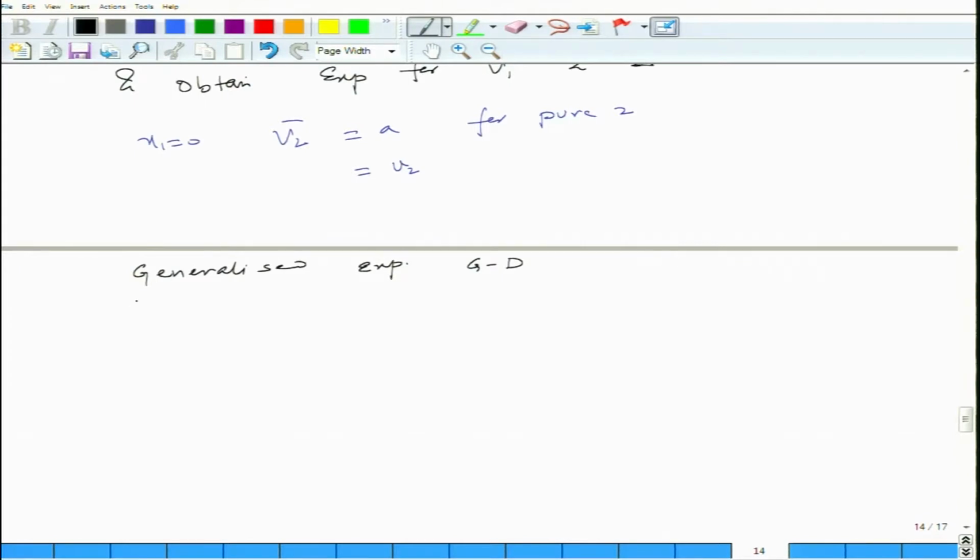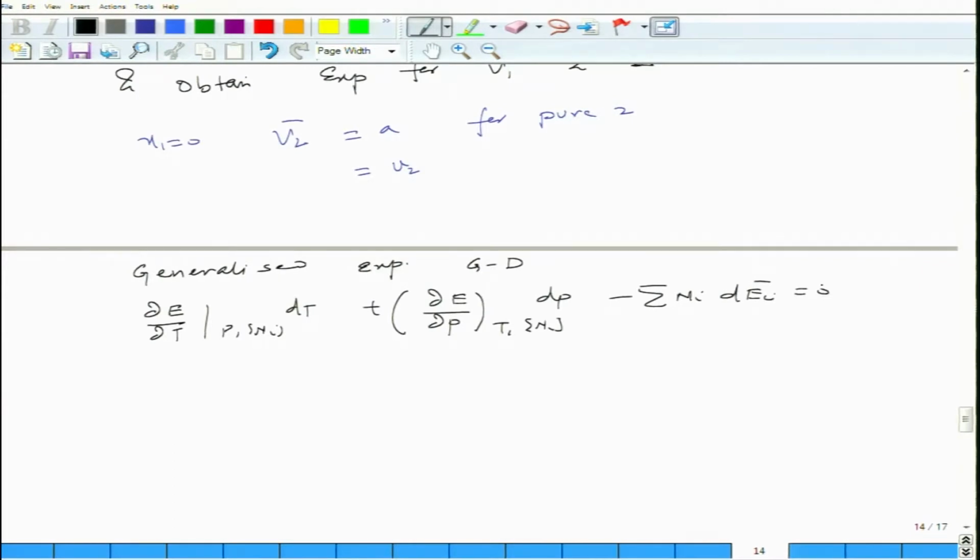For any extensive property we know that del E by del T, and remember that we have done this exercise earlier and this was nothing but the Gibbs-Duhem relation. Okay. We can divide by n, the total number of moles, and if we divide by n we get something like this, E by n.